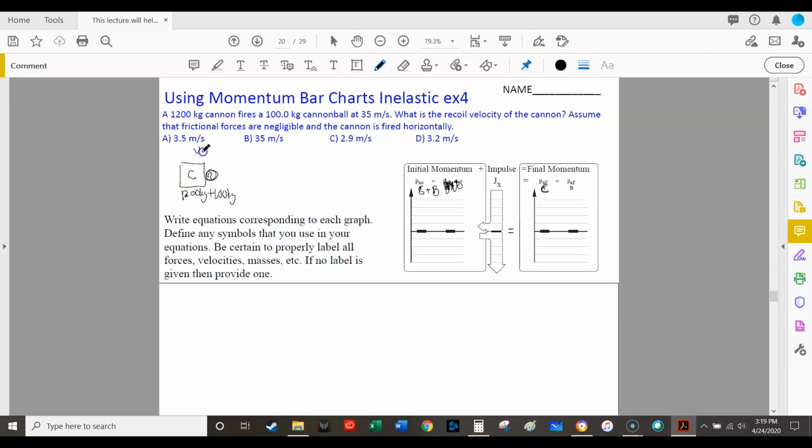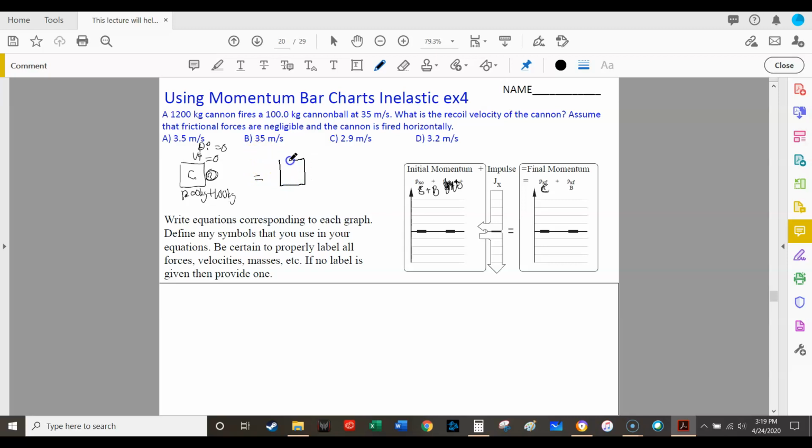Initially, they are not moving, so the initial velocity of both things is 0, which means the initial momentum of the system is 0. Now there's an explosion.